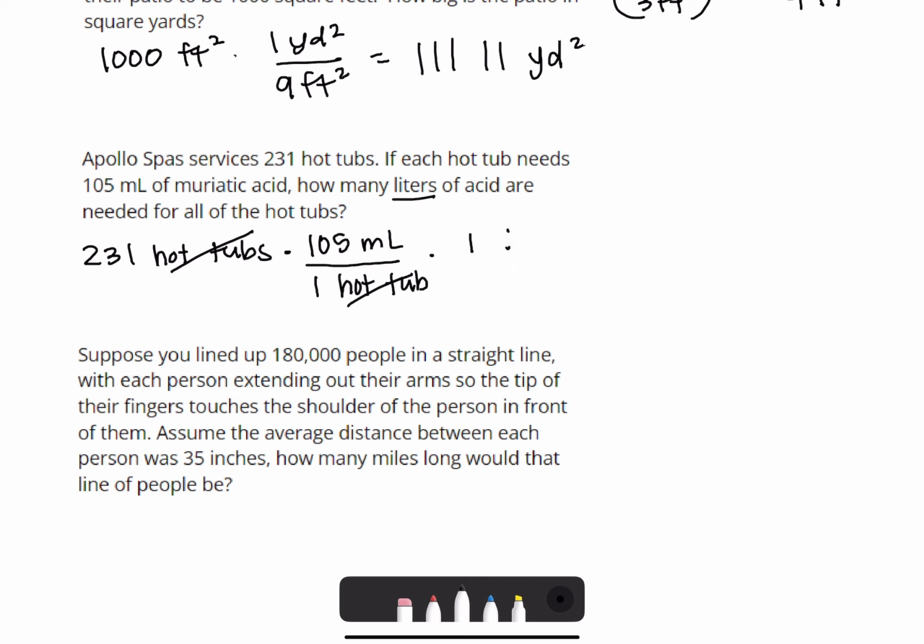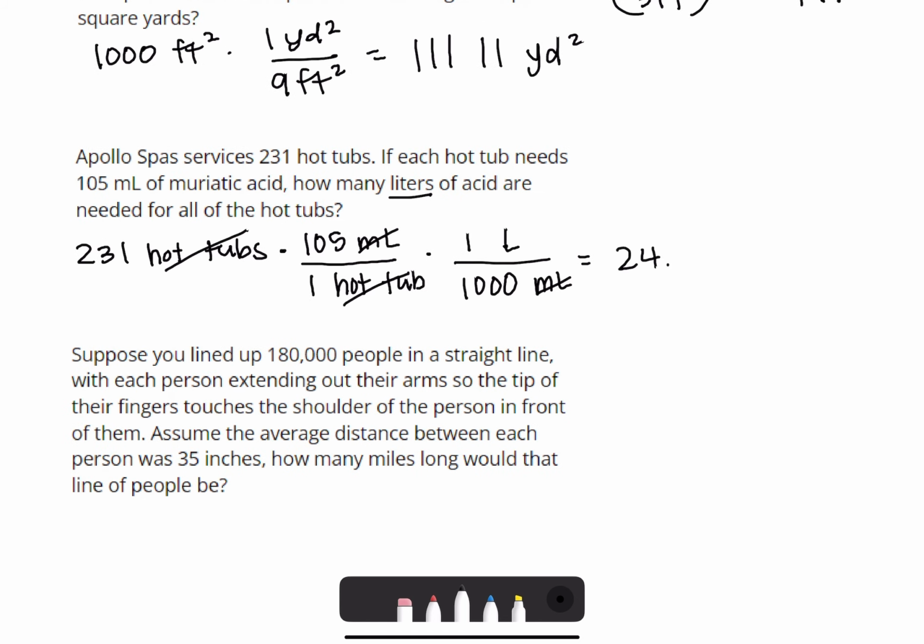So we know 1 liter is 1,000 milliliters, and then we can just cancel out the milliliters, and we have our answer when we multiply this all out. So you should get 24.255 liters of this muriatic acid.